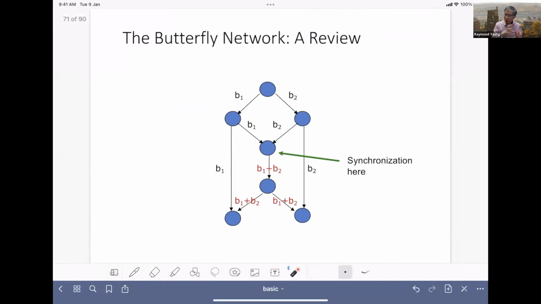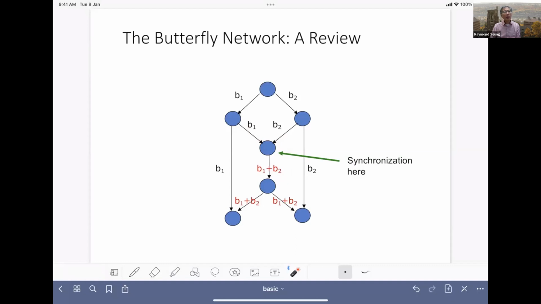Okay, so here comes a very interesting question. If you look at the butterfly network, at this node where network coding is performed, you need to synchronize the two input bits B1 and B2. You need to wait until both of them have arrived before you can do the encoding.